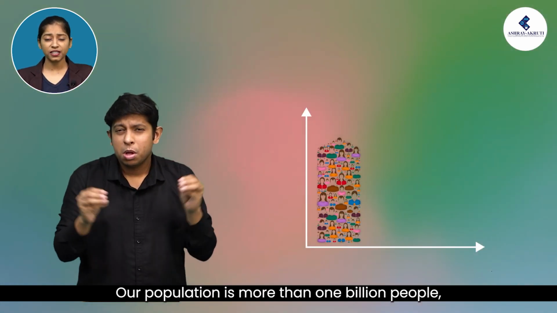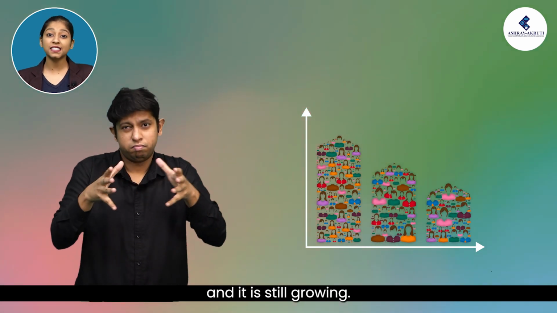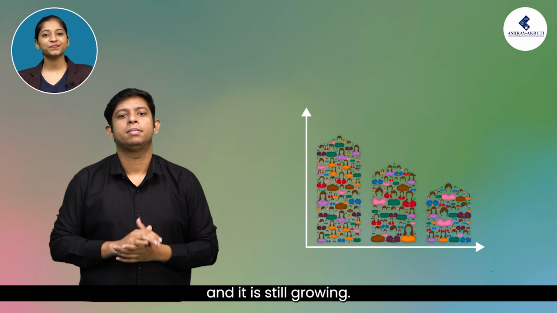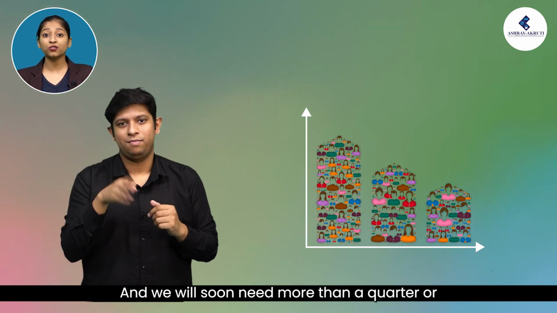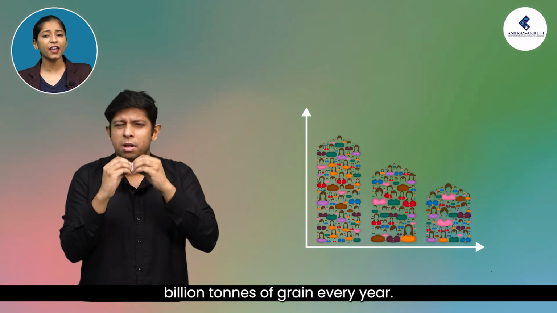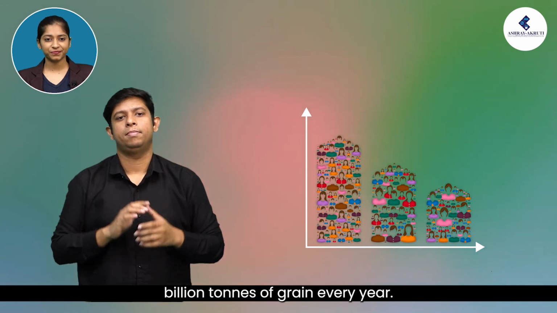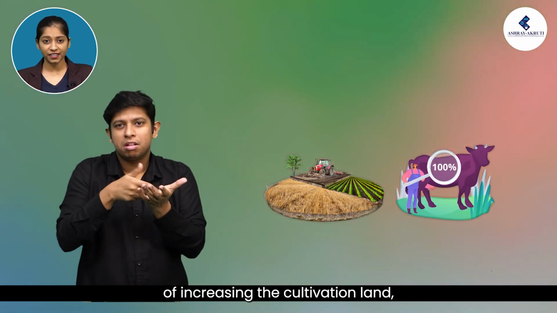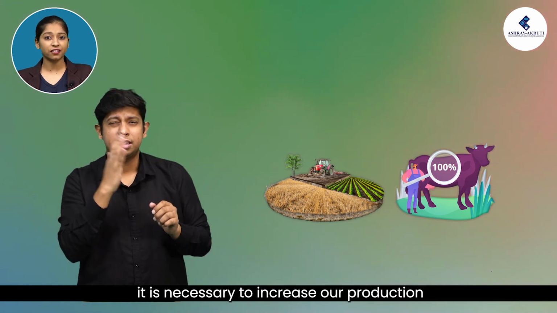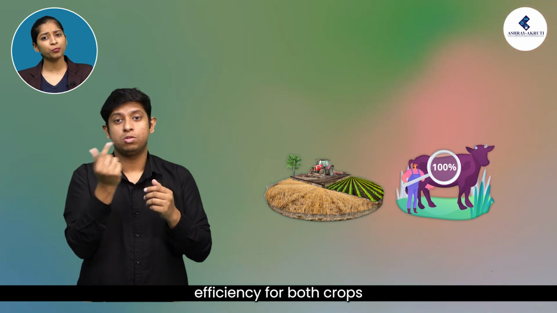Our population is more than 1 billion people and it is still growing, and we will soon need more than 250 billion tons of grain every year. As there is no chance of increasing the cultivation land, it is necessary to increase our production efficiency for both crops and livestock.